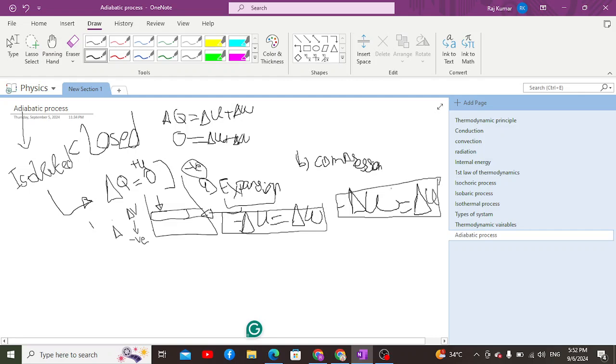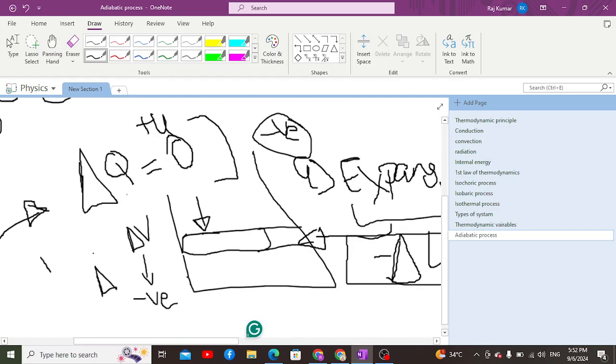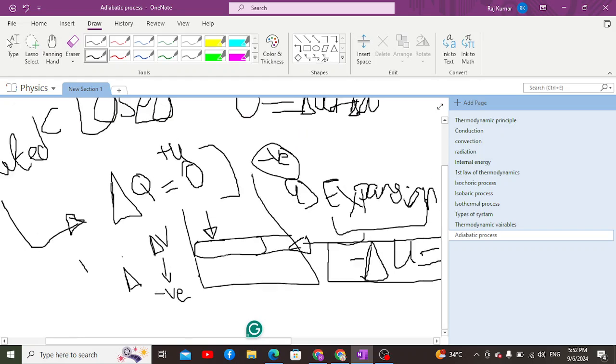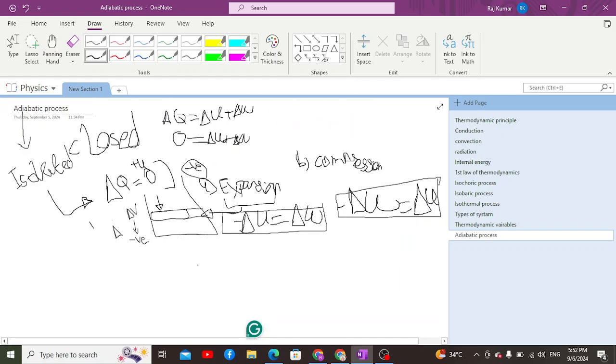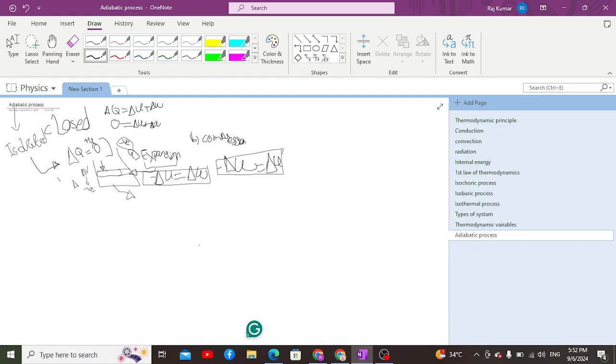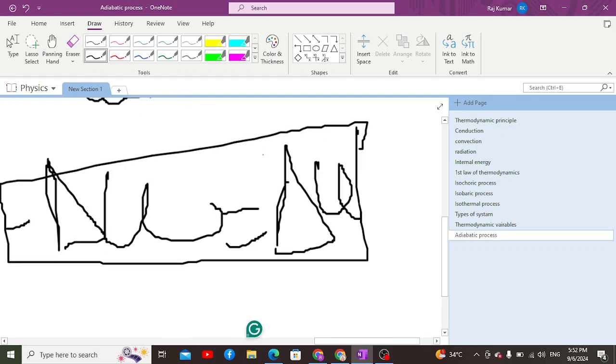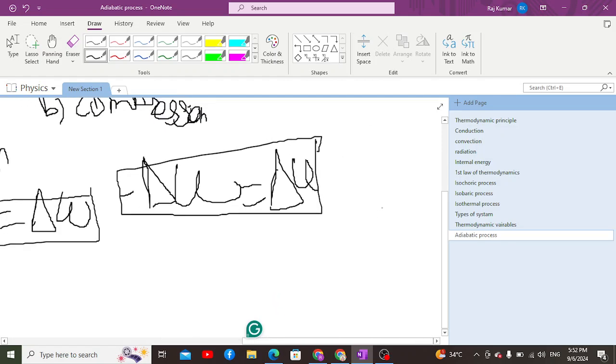Why does that occur? Because when molecules come closer to each other, at that moment there is an increase in the internal energy, as they tend to start to create repulsions among themselves.